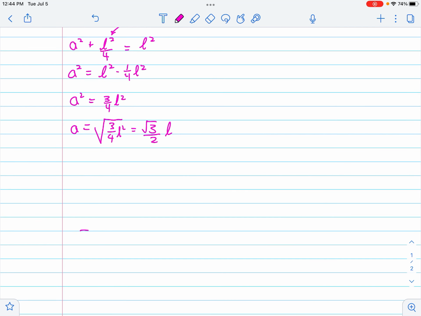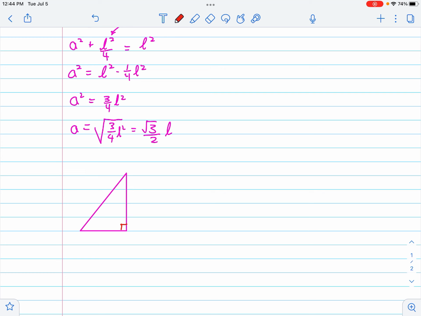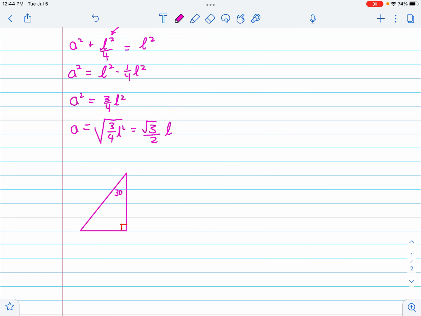So look, here's what we've got. Let me draw a triangle down here and isolate what we found. Here's our right angle. And this up here is 30 degrees, and this is 60 degrees. And here's the hypotenuse.